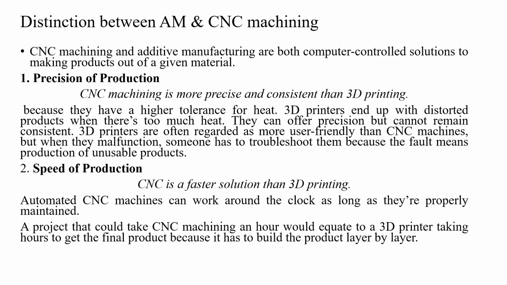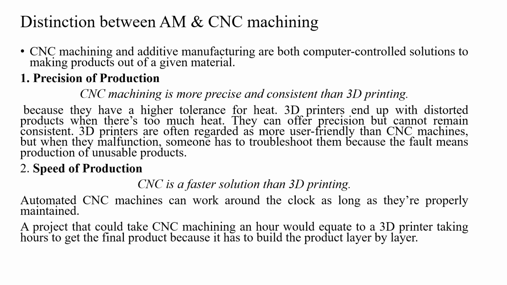You have gone through its definition and applications, and why we need to study it. We have also studied CNC machines, computer numerical controlled machines. These come under subtractive manufacturing. Now let us see the difference between additive manufacturing and CNC machines.